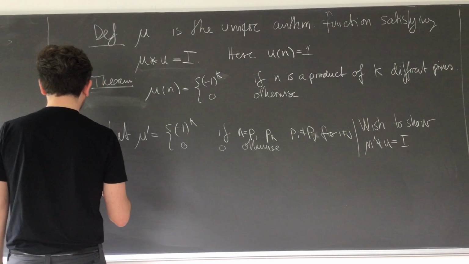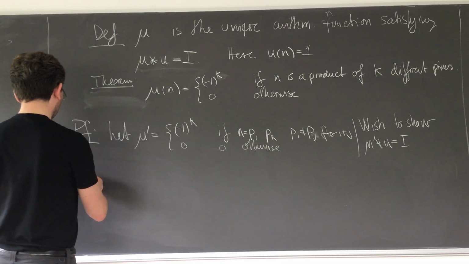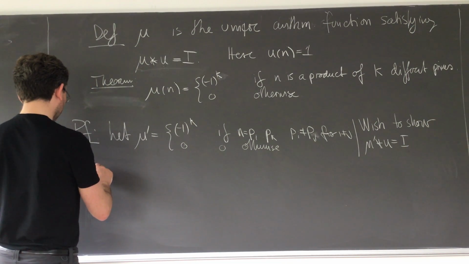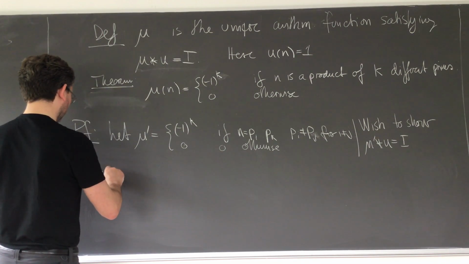So let's distinguish those two cases. First, mu prime convolved with u of 1.